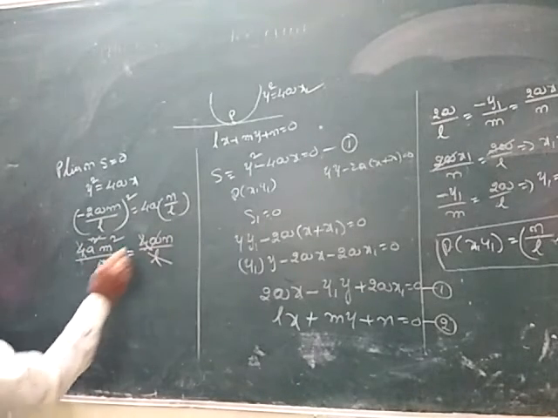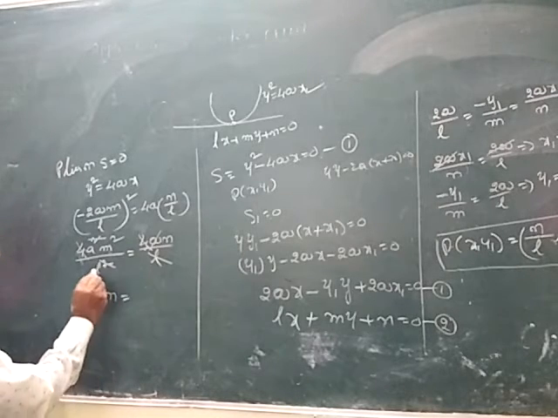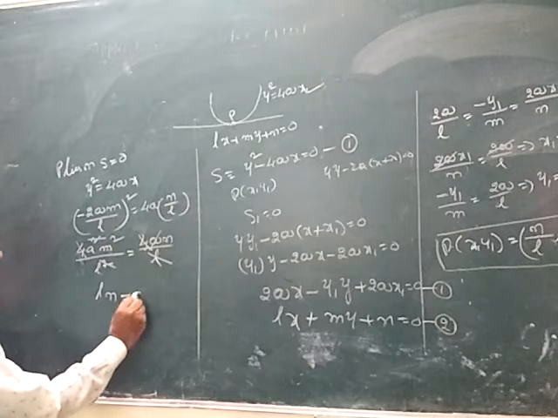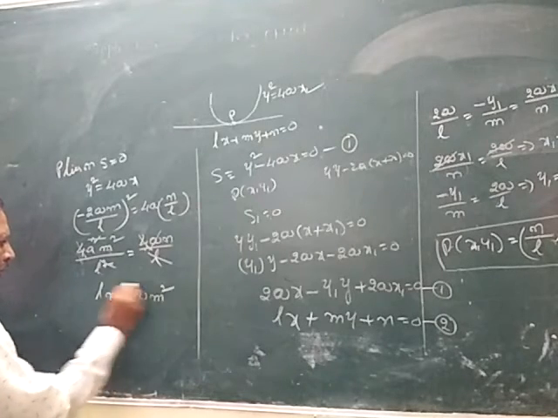By cross multiplying, Ln equal to a m square.